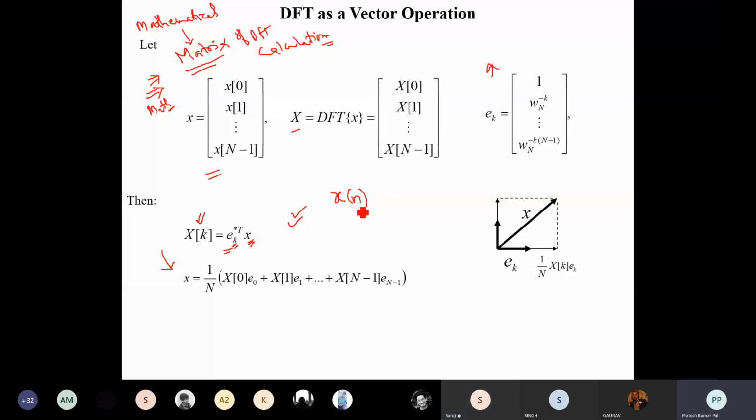Thank you. So this x of n we require, and with the help of x of n we can find the number of points inside it.